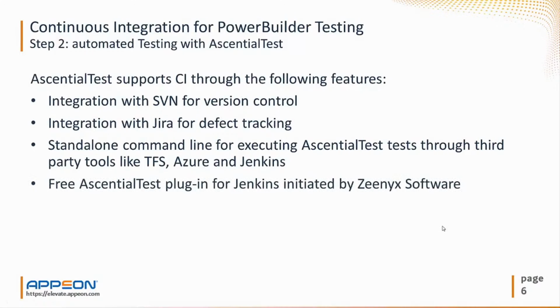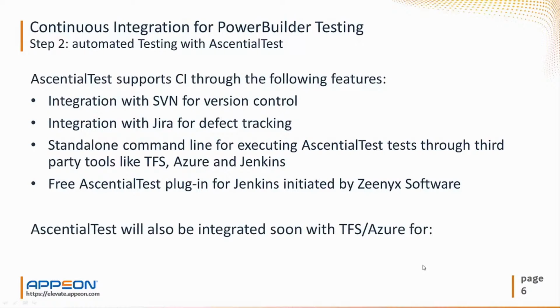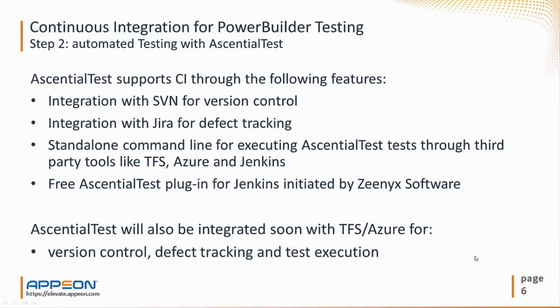And also our brand new free Essential Test plugin for Jenkins that was initiated by Zenix Software. Essential Test will also be integrated soon with TFS Azure for version control, defect tracking, and test execution. Now let's have a look at some of these features.